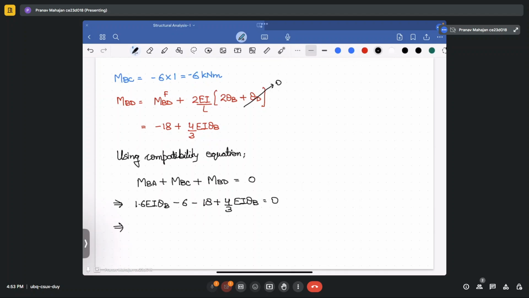That means 44 upon 15 EI theta B is equal to 24. So from this you get EI theta B equal to 90 upon 11, which is 8.18.